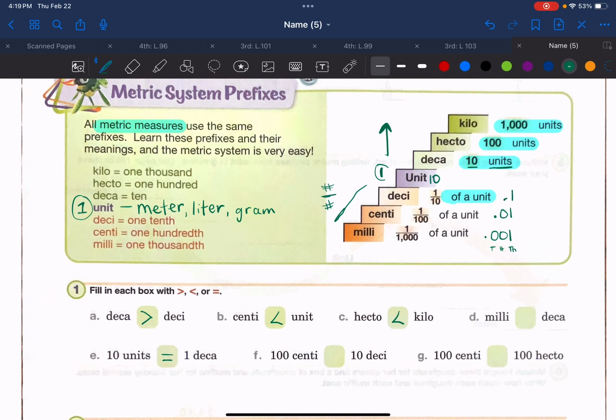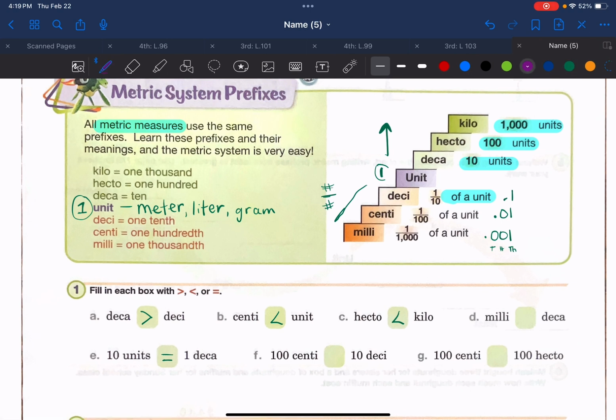Okay, so see how that gets trickier? All right, the next one, we have 100 centimeters compared to 10 decimeters. Well, think about it in terms of a fraction, and I'll write it over here on the side.